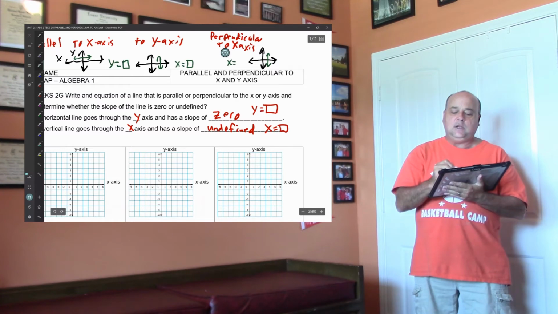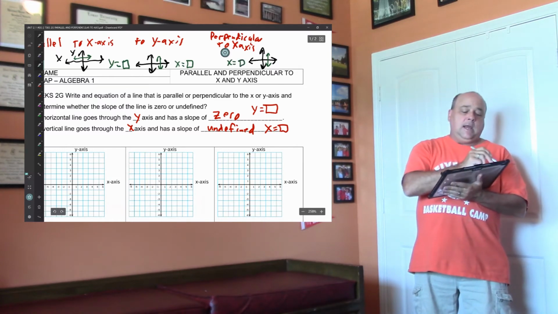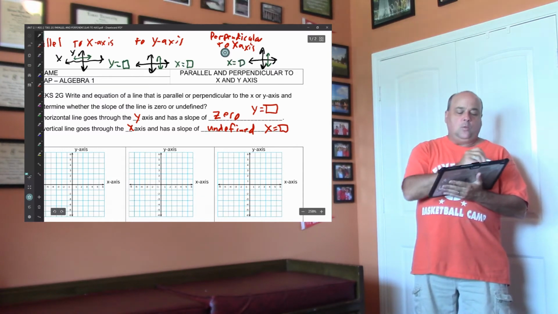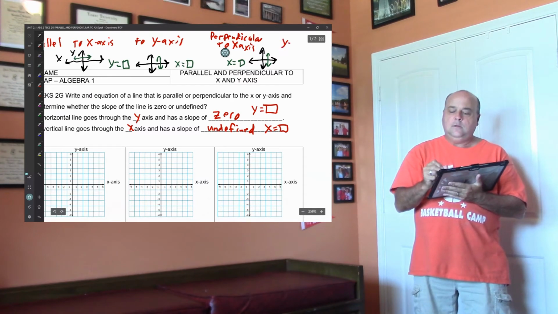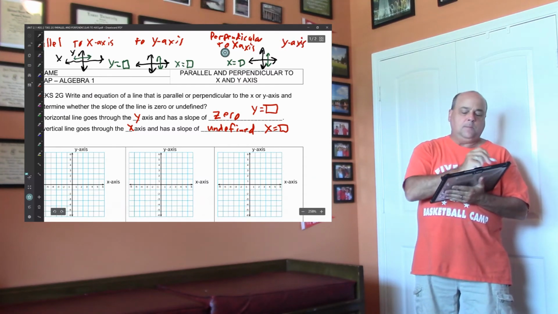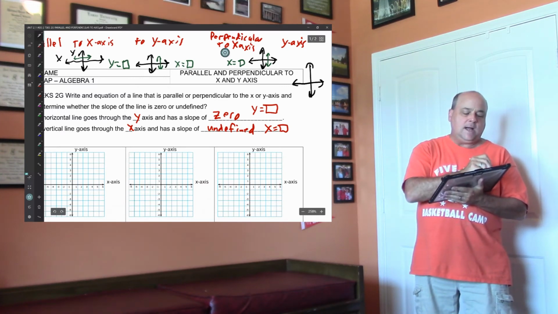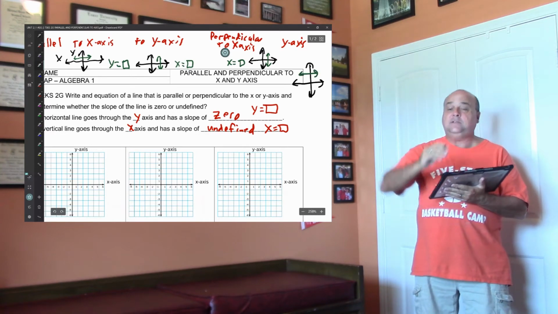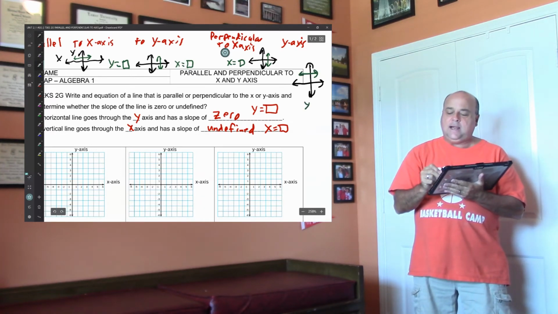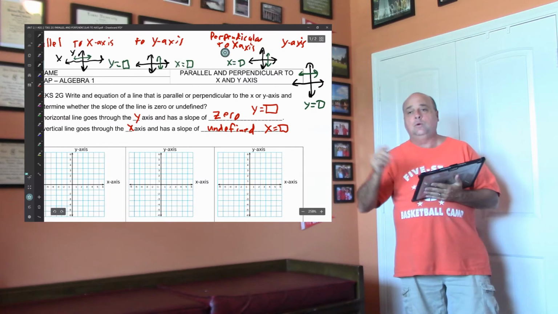It will be x equals something. And if it's perpendicular to the y-axis, draw an xy axis. And if it's perpendicular to the y-axis, it's going to go through the y-axis. It'll be flat. It'll be y equals something, and it will have a 0 slope.